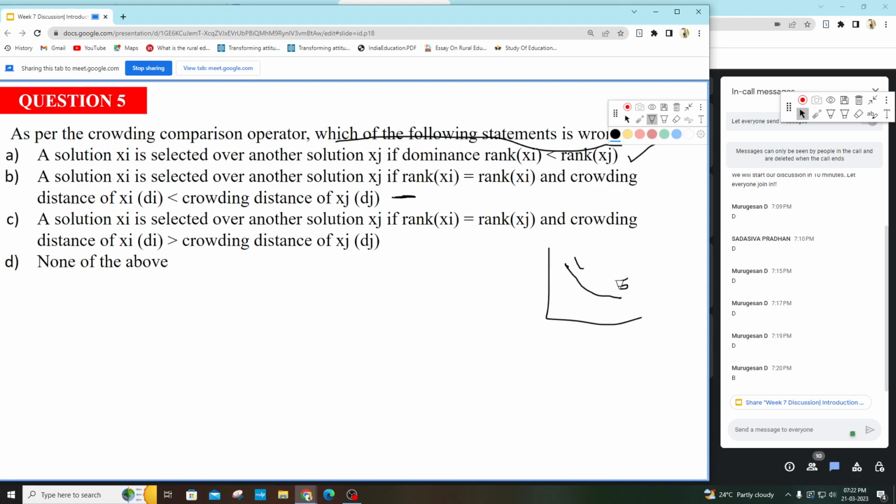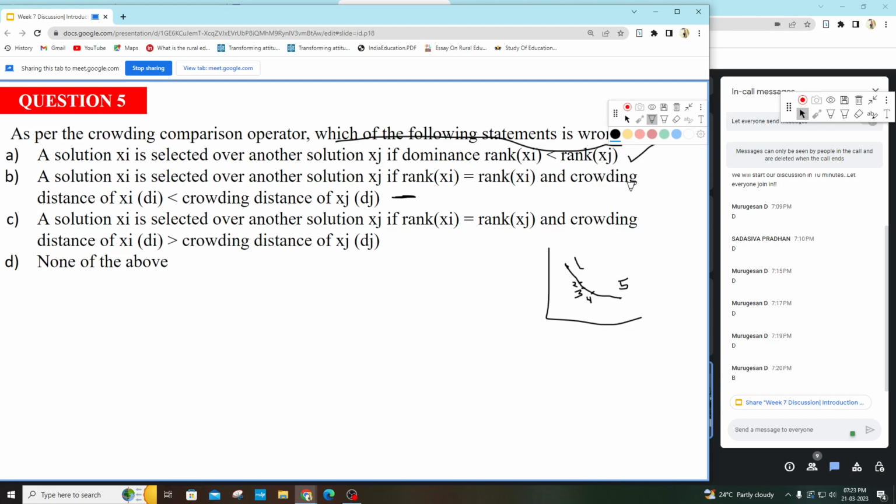These 2 points are actually very far from other points, and here we have 1 point, here we have 1 point, here we have 1 point. So 2, 3 and 4 are very close to each other. So these 1 and 5 points, as they are very far from each other, have more crowding distance. So solution 1 and 5 will be selected over 2, 3 and 4.